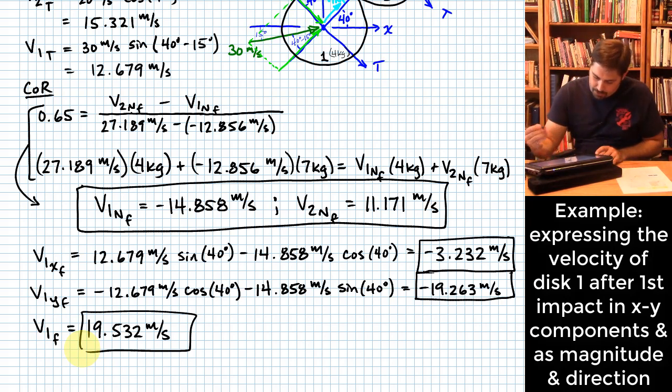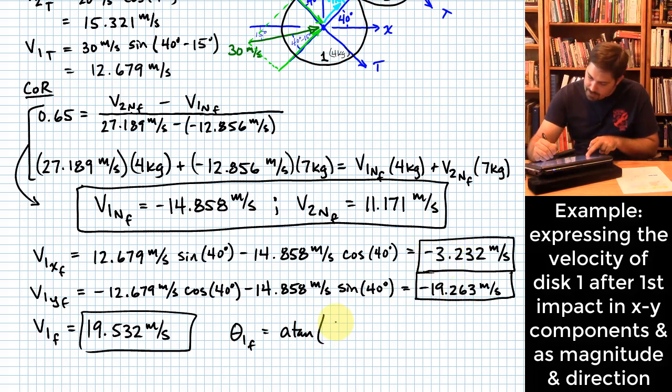Okay, well, what direction does that go? So maybe we'll call this theta 1f. It's going to be equal to the inverse tangent of our y component over our x component. The y component there would be minus 19.263, and the x component would be minus 3.232.